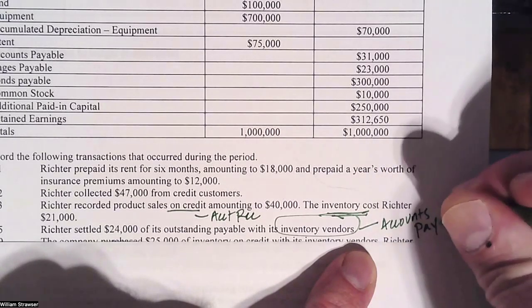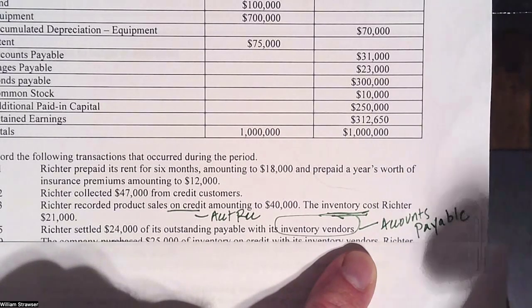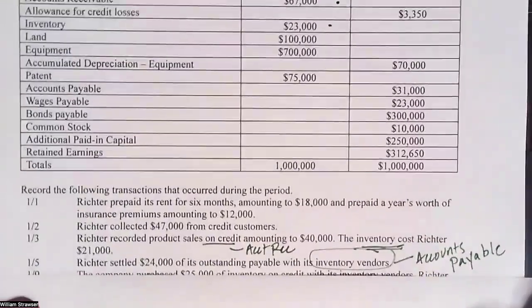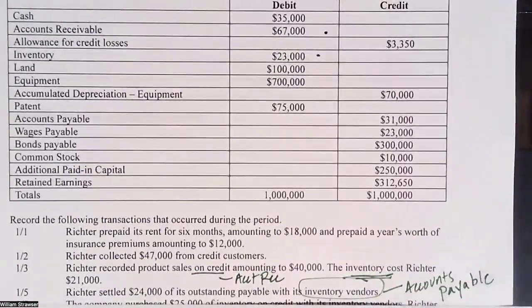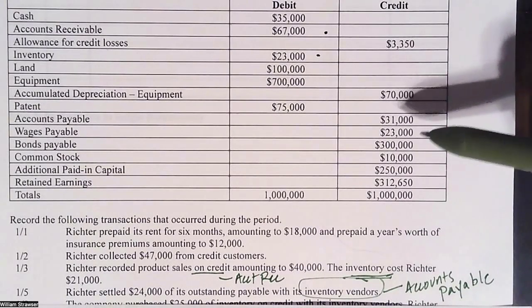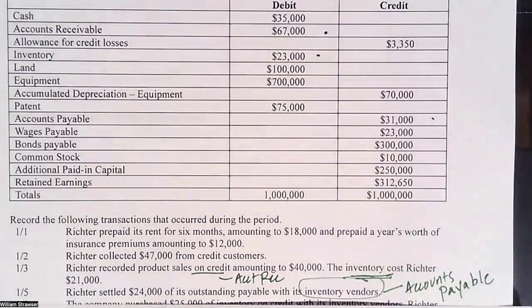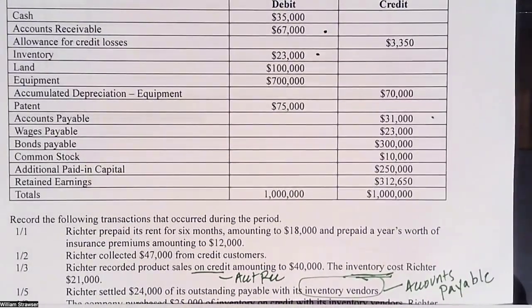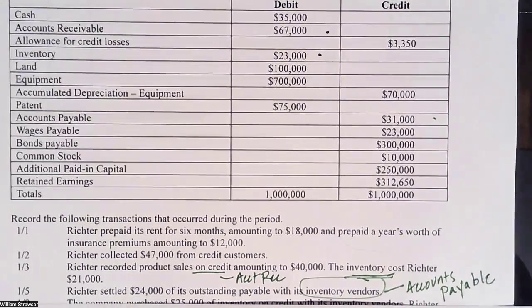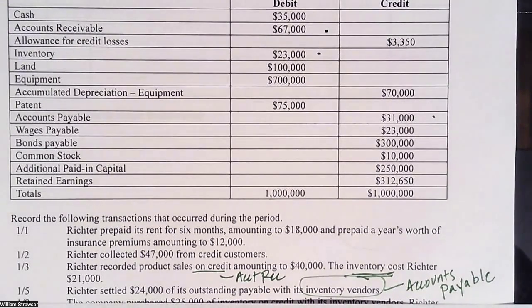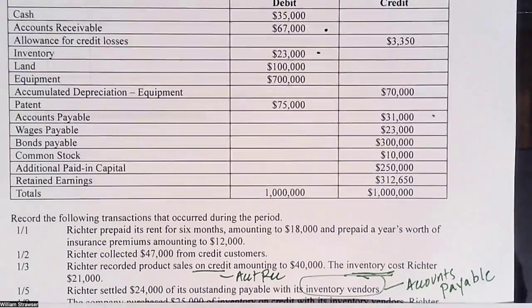So when it says it's settling its payable with suppliers or vendors, those suppliers or vendors would be seen, or the accounts that we owe would be seen in accounts payable. So accounts payable aren't just every single account in the world. It's specifically accounts that we have with the other businesses that we interact with that supply us with goods. Okay. Maybe supplies, maybe inventory, but goods.